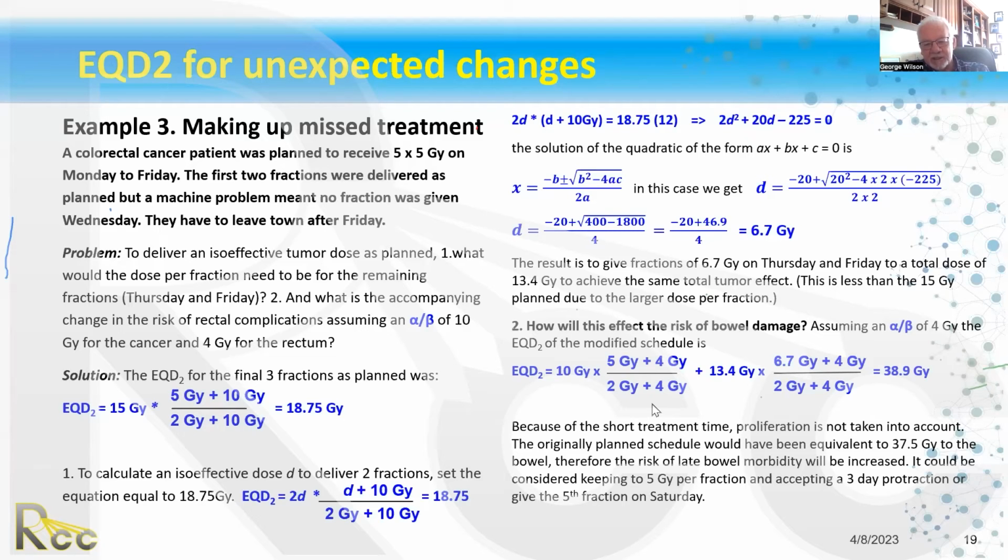And so this is, as I said, the one shortcoming, that we can't get an individual alpha beta ratio which really reflects the biology of that individual tumor. We're always making an assumption that it's going to be this value, this magic value of 10 or whatever. And so, again, that's where clinicians can come in with their own experience.